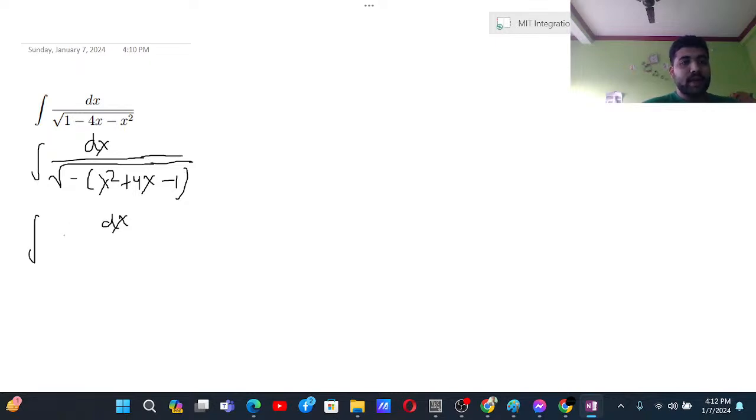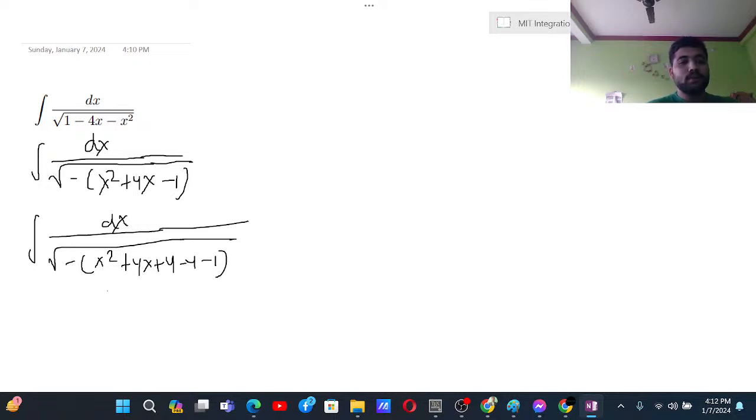That gives us dx by root under minus of x square plus 4x plus 4 minus 1. And then we will have dx by root under 5 minus x plus 2 whole square.